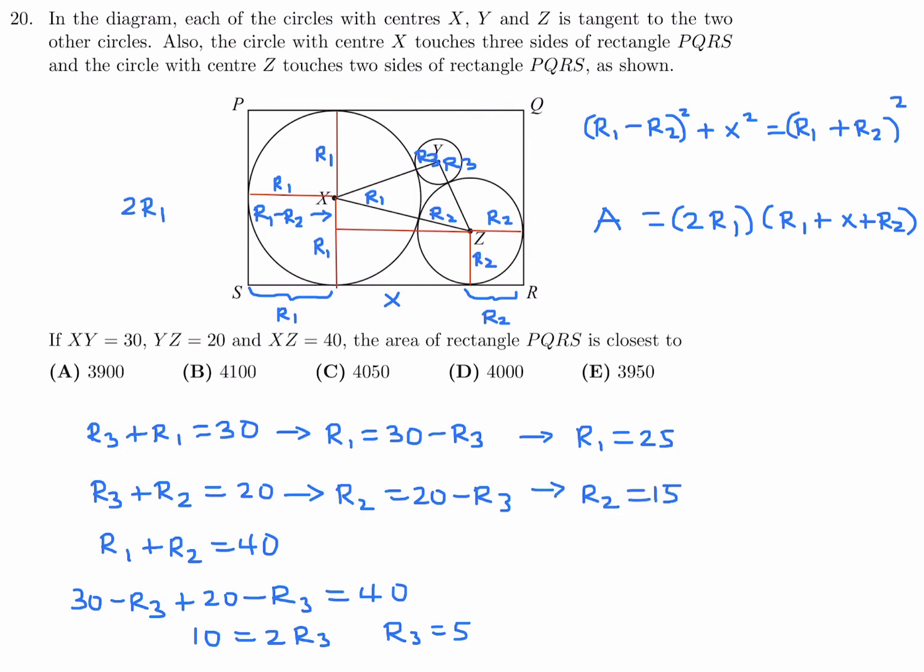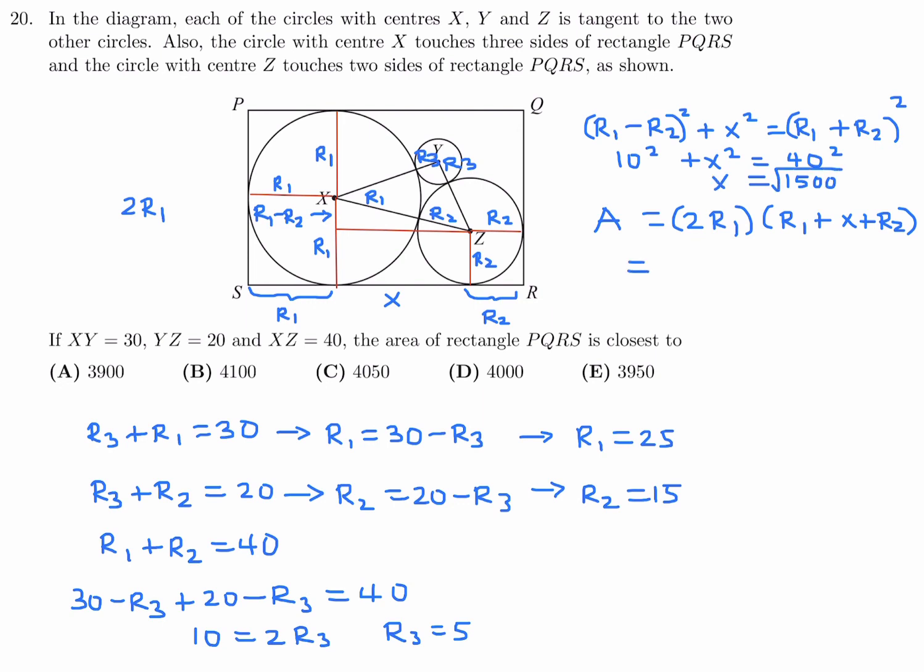Okay, we're ready to tackle this now. This guy would therefore become R1 minus R2, which would be 10 squared, plus X squared. And then R1 plus R2 is 40 squared. So this looks like 1600 minus 100, 1500, and of course we got to take the square root. So X is root 1500.